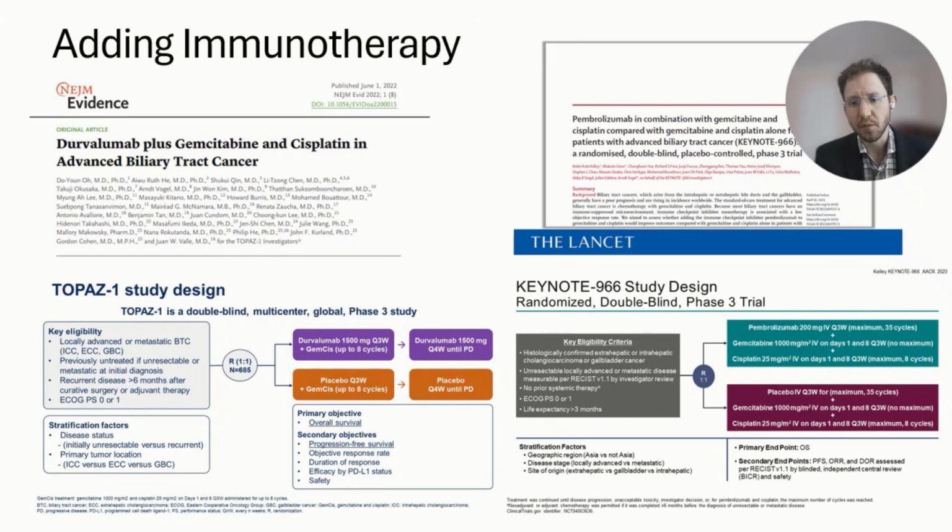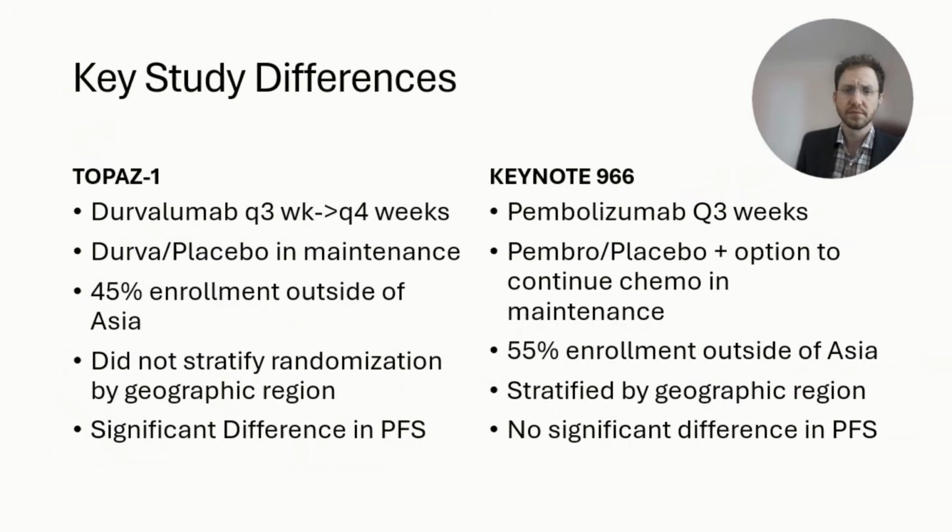TOPAZ-1 with the addition of durvalumab, a PD-L1 antagonist, and KEYNOTE-966, the addition of pembrolizumab, a PD-1 antagonist. So TOPAZ-1 and KEYNOTE-966 had a lot of things in common. This slide is just highlighting some of the minor differences between the two studies.